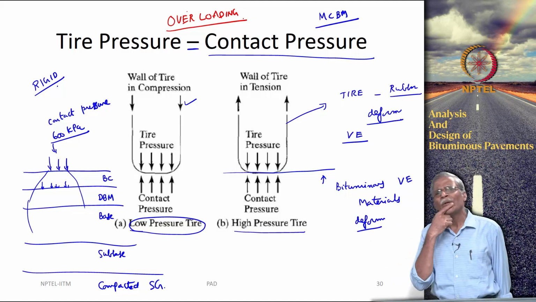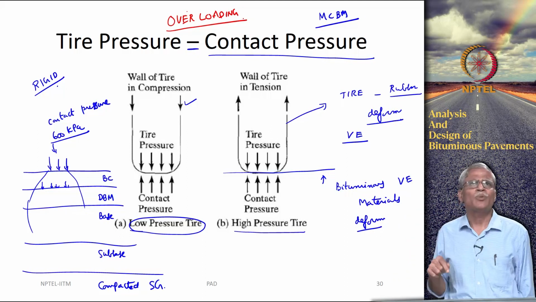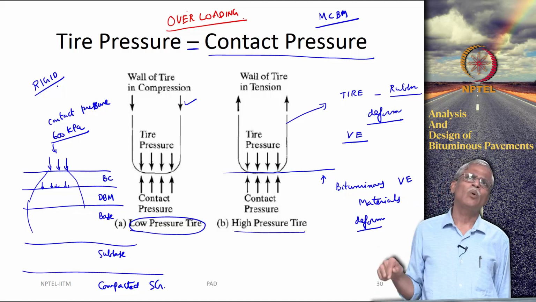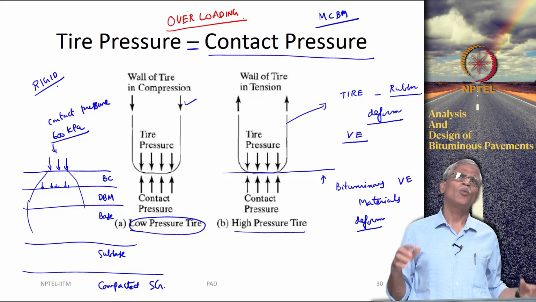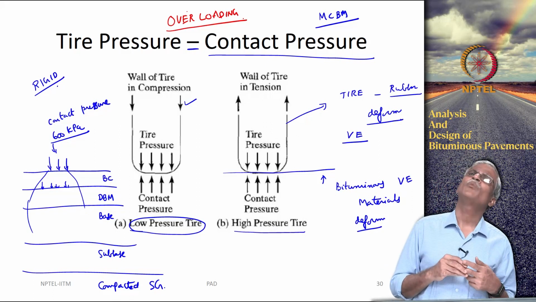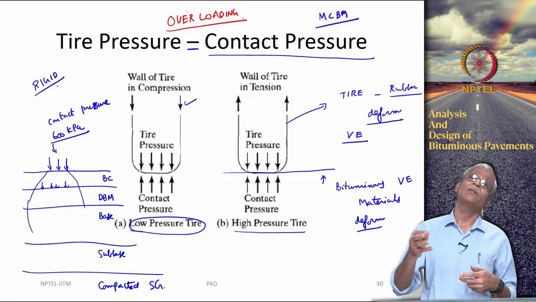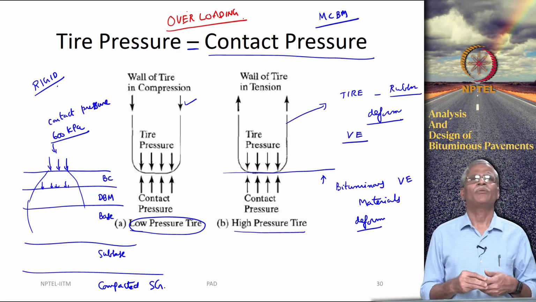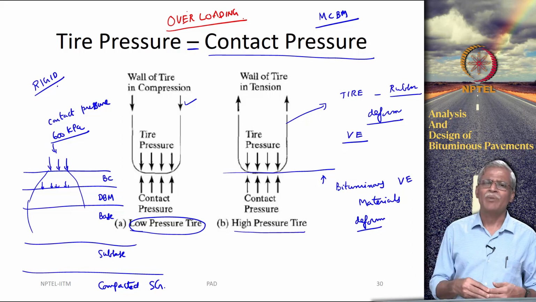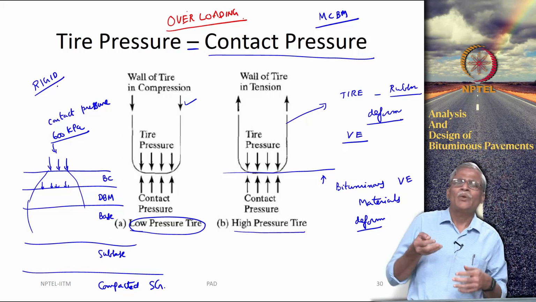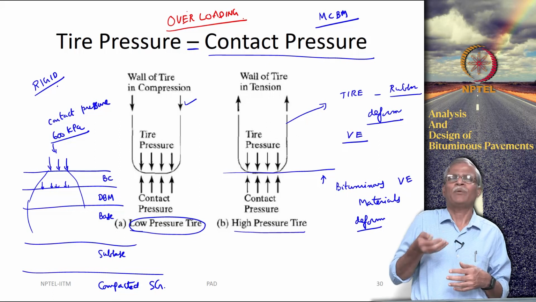But then immediately you will ask, this is not really making sense to me, because if these people overload and their tire contact area is now more, there is going to be more wear and tear, so what is the profit they are making out of it? Since we know people are very smart, what normally they will do is slightly increase the tire pressure.